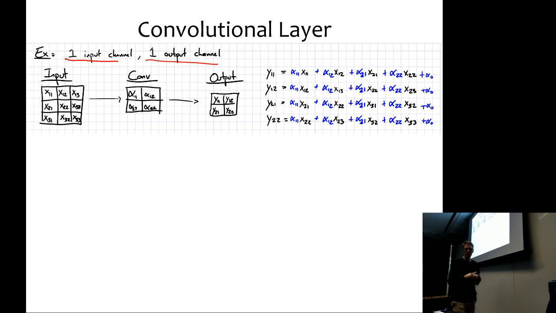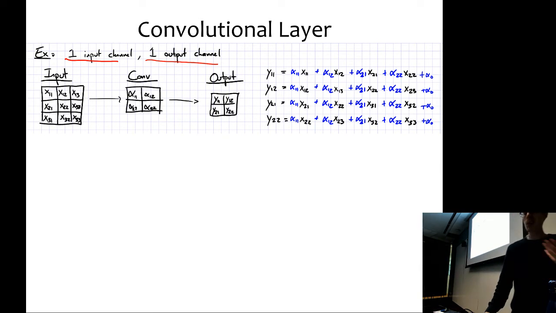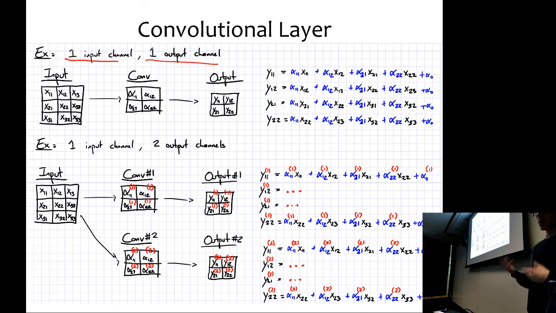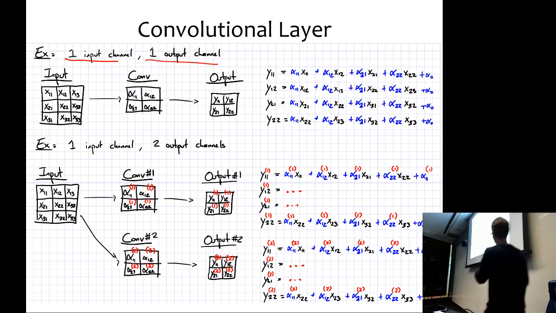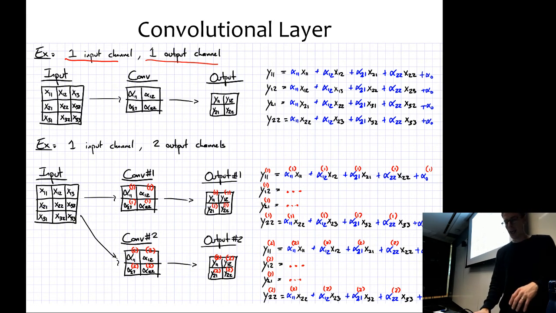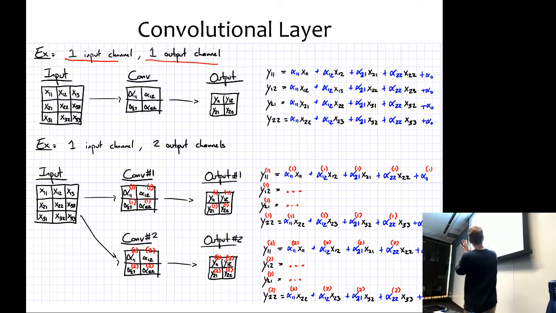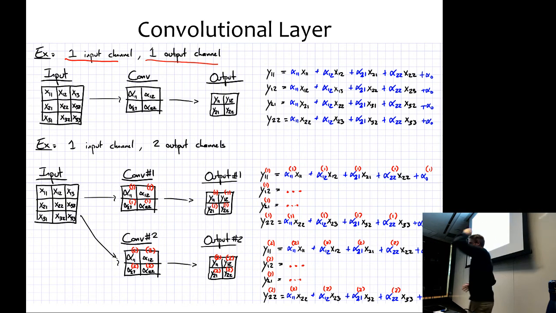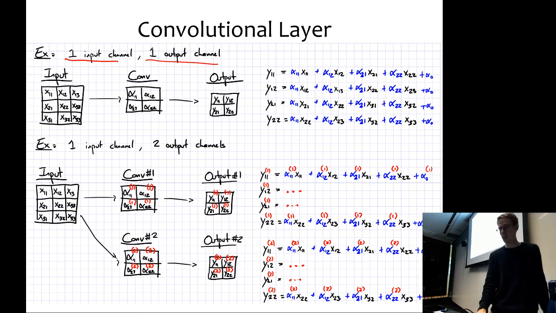And so those would be three different input channels. But you could also just have, say, multiple convolutions that are actually running in parallel, but have different parameters. And so if you have convolution number 1 and convolution number 2, then you're going to get output number 1 and output number 2. And if we take those outputs, those two matrices, and squish them together, then we get back a three-dimensional tensor.